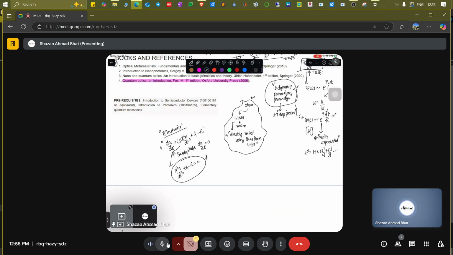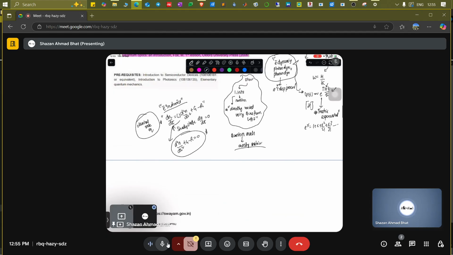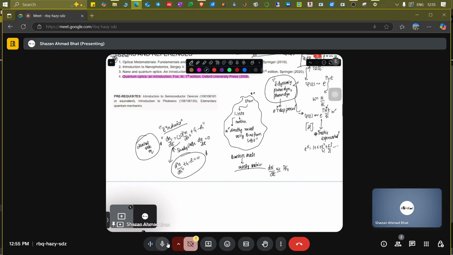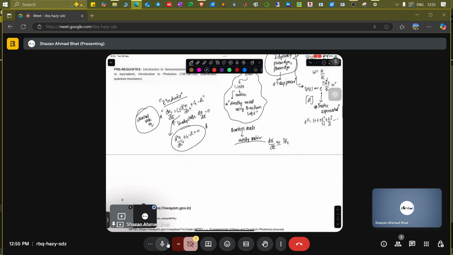Similarly, this is a classical rate equation. If you want to solve a quantum mechanical rate equation, you have to solve something called the density matrix equation. It's almost like a rate equation, but instead you have something like d rho by dt, which is dependent on the Hamiltonian. There is some term like i h bar, and then there is the Hamiltonian, and then there is the density, which you can write as rho.